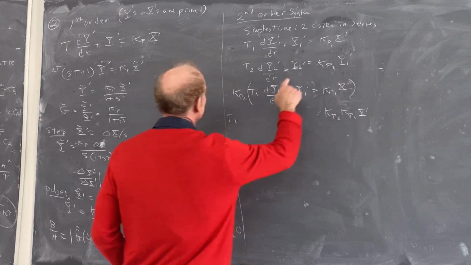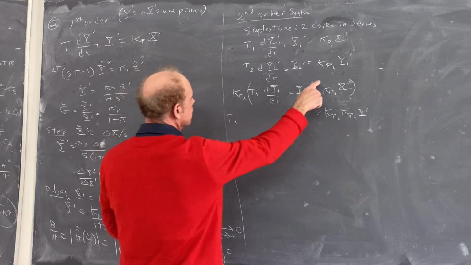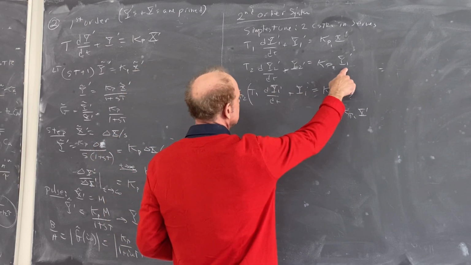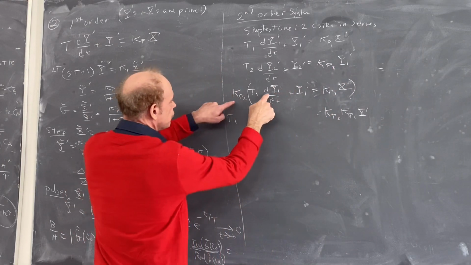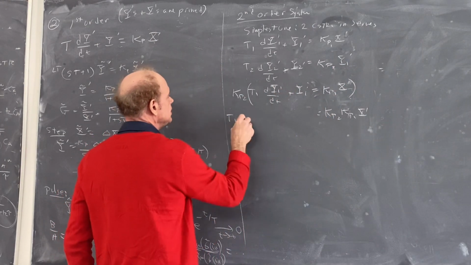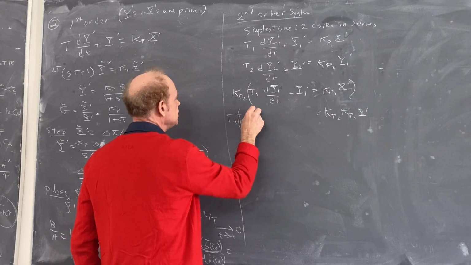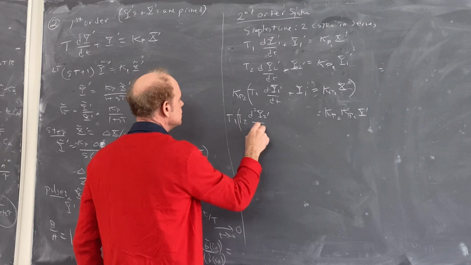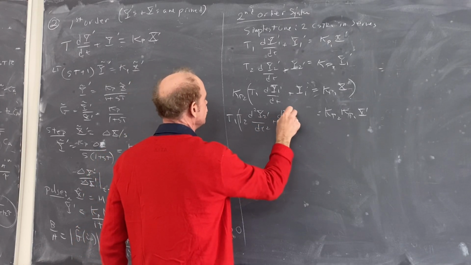Here I have ddt of Kp2 y1, and I want to take ddt of this to plug in for these two. So when I take ddt of this, I get a T2 times d squared y2 prime dt squared plus dy2 prime dt.